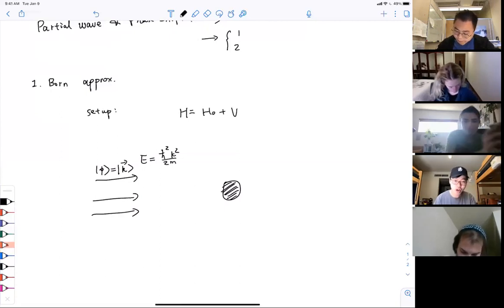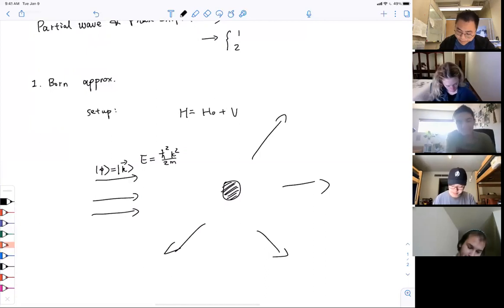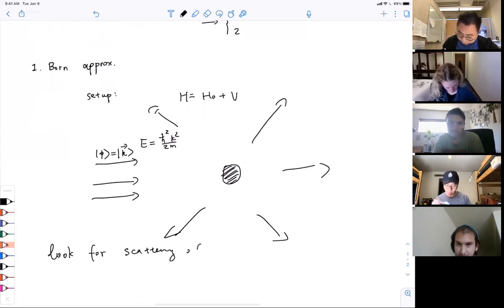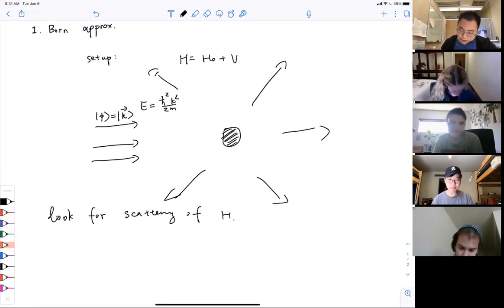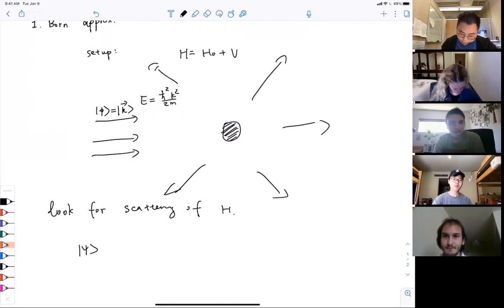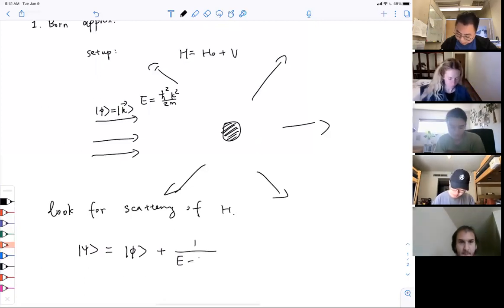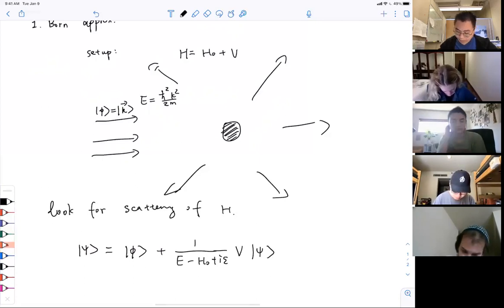Now we're interested in the scattering state, right? So we want to look for the scattering state of this Hamiltonian. We know there's a general formula for this kind of scattering state known as the Lippmann-Schwinger equation. Right?